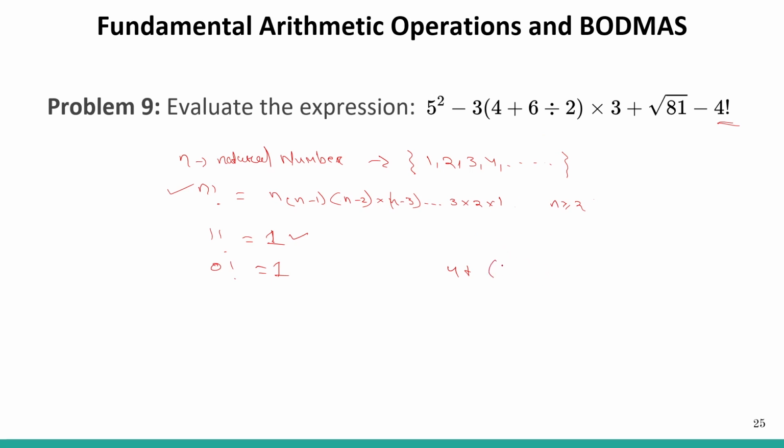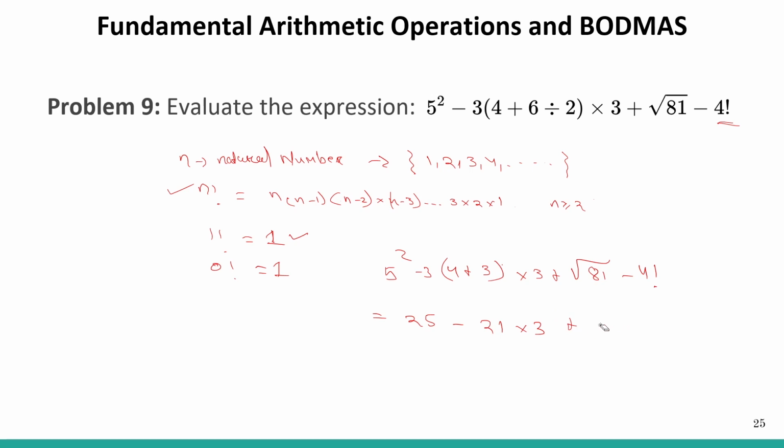So 4 plus 3, into 3, minus 3 into 5 square into 3 plus square root of 81 minus 4 factorial. So this is equal to 25 minus 3 into 7, which is 21, into 3, plus square root of 81.